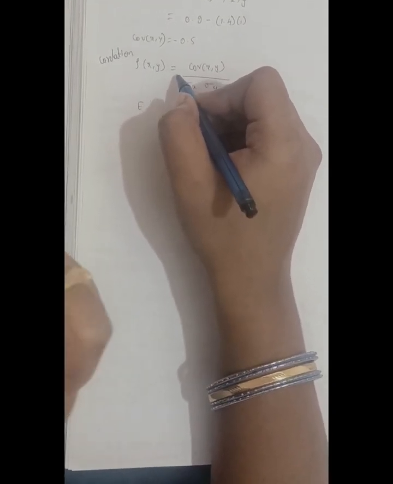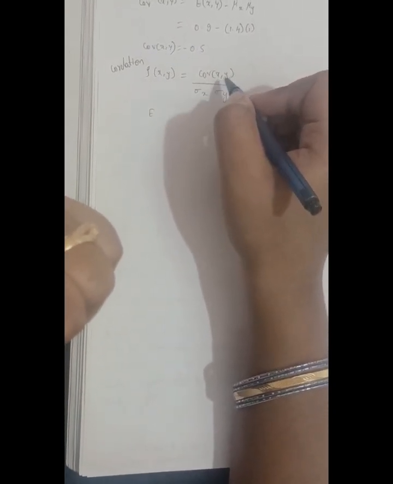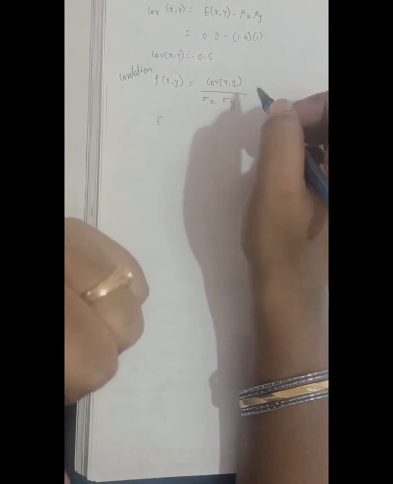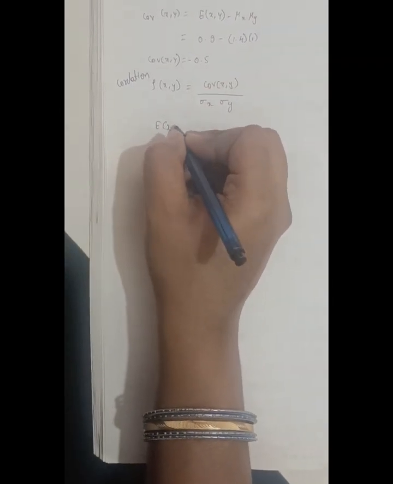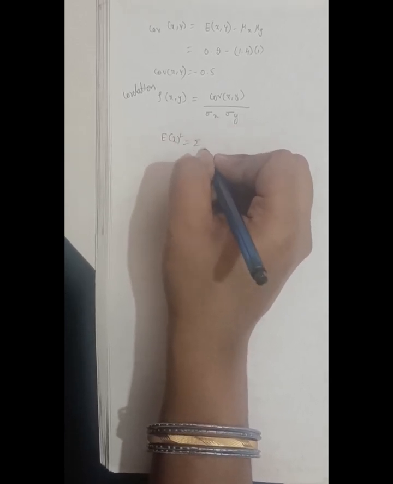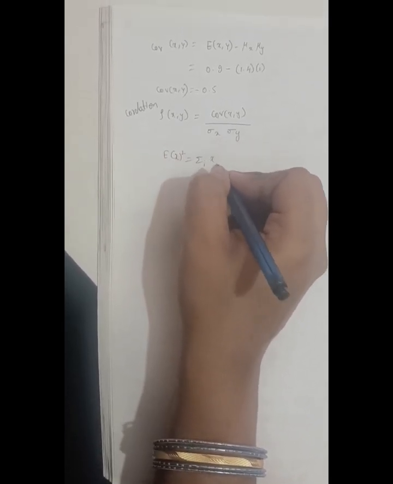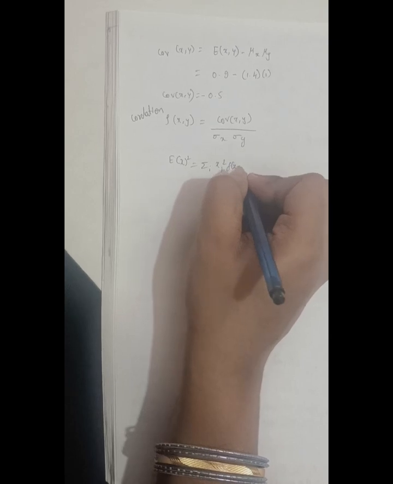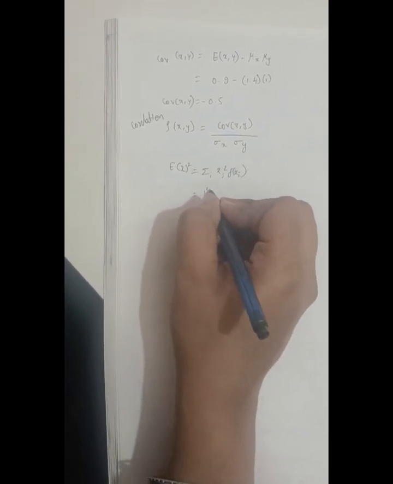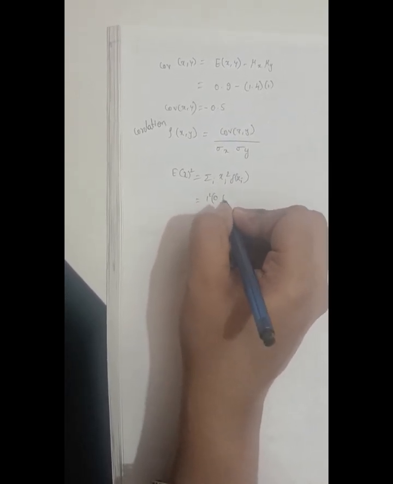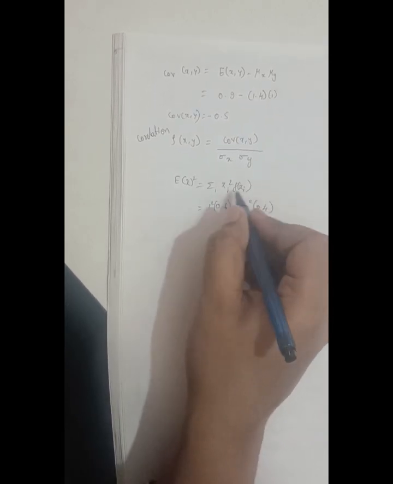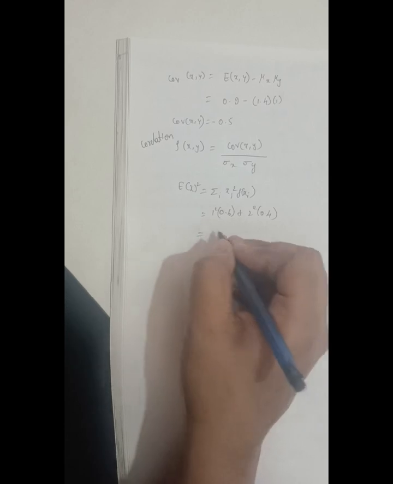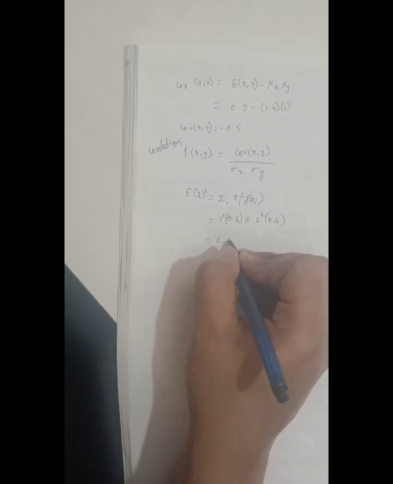Correlation of X, Y is the covariance of X, Y divided by sigma x and sigma y. E of X square is the summation of x square f of xi, which is 1 square into 0.6 plus 2 square into 0.4, taken from the table. Simplifying, we get 2.2.